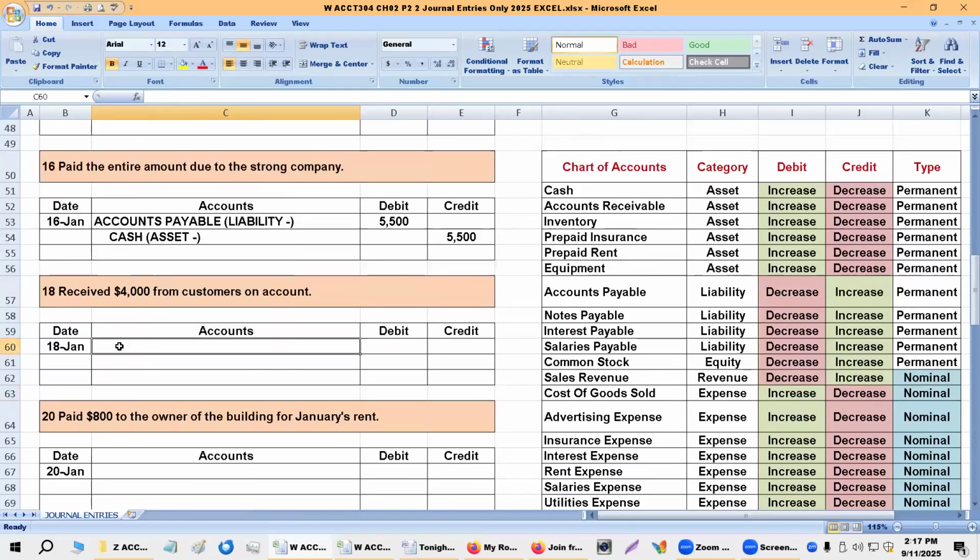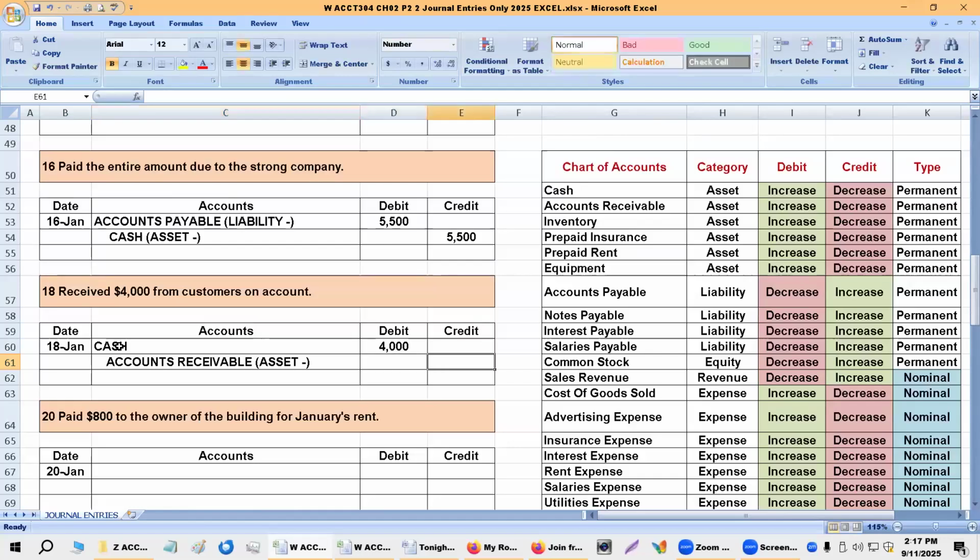Cash gets debited for 4,000. Yep, cash is going up. And accounts receivable is going down.